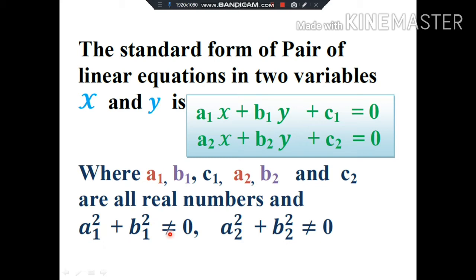This is the condition, children, and also a2 square plus b2 square is not equal to 0. So this is the standard form of linear equations in two variables.